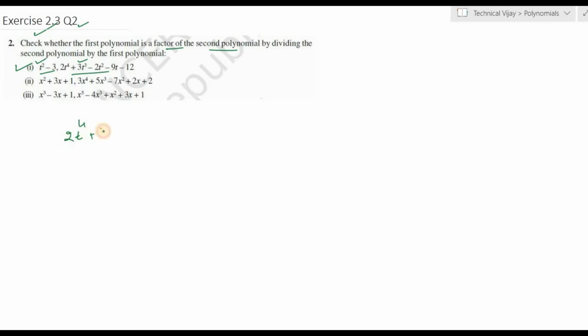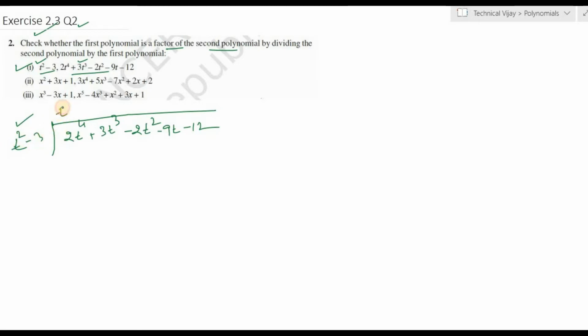2t^4 plus 3t cube minus 2t square minus 9t minus 12. This one we will divide by t square minus 3. Since the degree of the divisor is less, we can perform this operation.